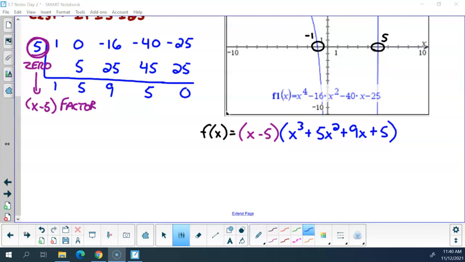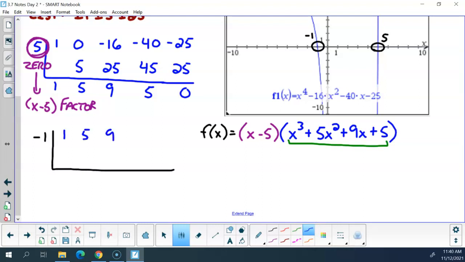Now we do negative 1, excuse me, on 1, 5, 9, and 5. 1, negative 1, 4, negative 4, 5, negative 5, 0.